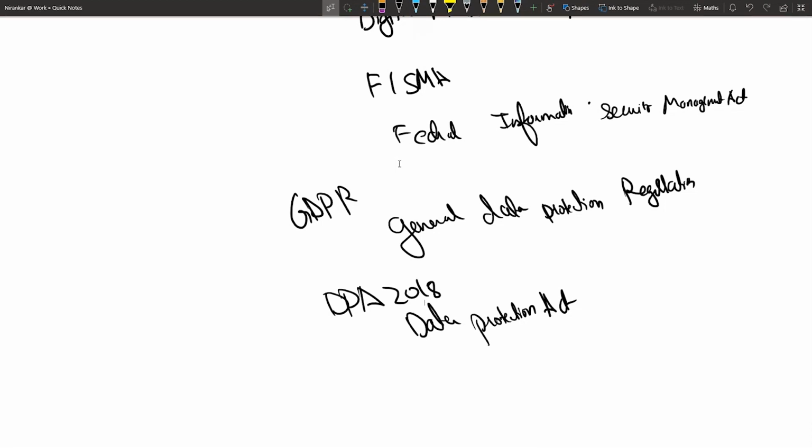So let's say I don't want my data to be accessible for anyone, so I will go with Data Protection Act 2018 in UK. Now different countries have the different law. If I talk about the United States, so they have the different laws. If I talk about the Australia, so they have the different laws. The Trademark Act 1995 is by the Australia.